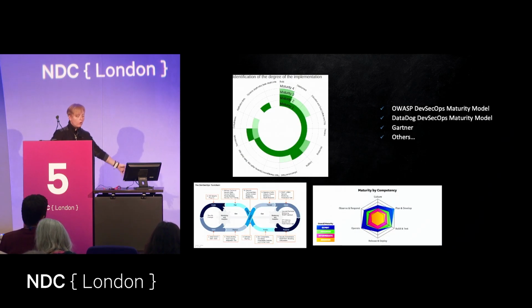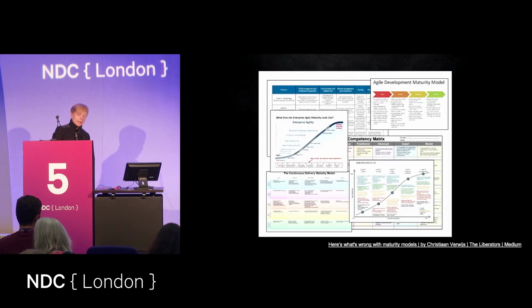You can choose from the OWASP DevSecOps maturity model, you can choose from Datadog, you can choose from Gartner, and more. And that's a problem. We want to define everything as frameworks. We want to have this blue pill which tells you the exact way of moving.